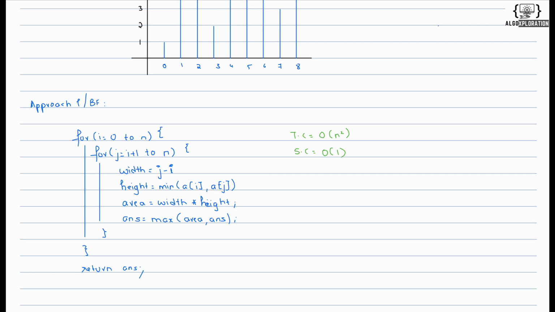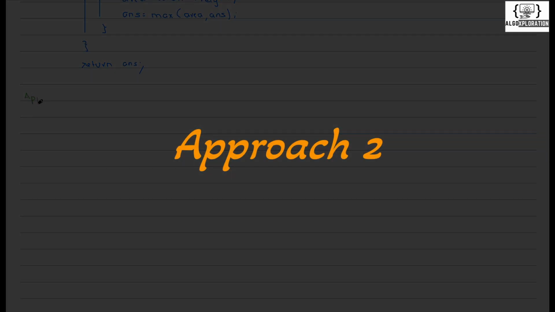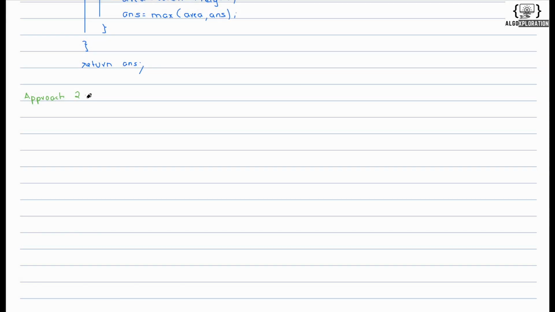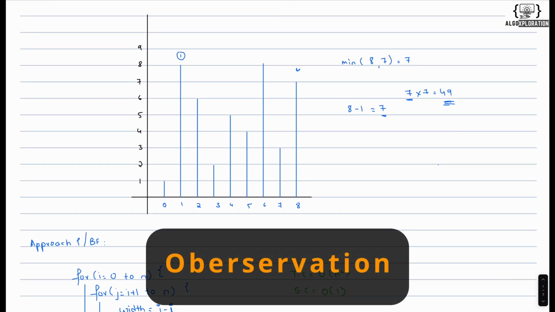But still we have to optimize this approach because the time complexity is order of n square, right? So we have to come up with the second approach that should be the optimum one. Okay, now this will only happen if you do observation clearly.